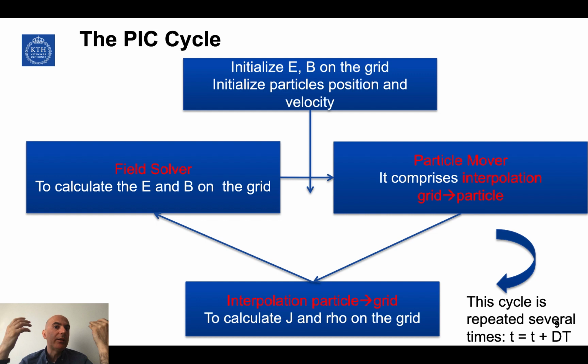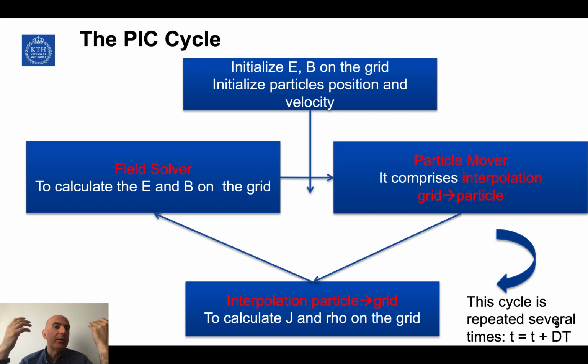So the PIC cycle. So any PIC code basically is formed in the following way. The first step of the particle in cell method is to initialize the simulation. So what we do is introduce a grid in the system, and we define for each grid point of the grid the electric field and magnetic field.